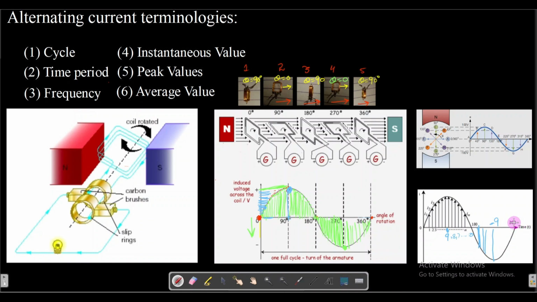Now it will be increasing from here, and it will become 0. It becomes -8, -7 and comes to 0.